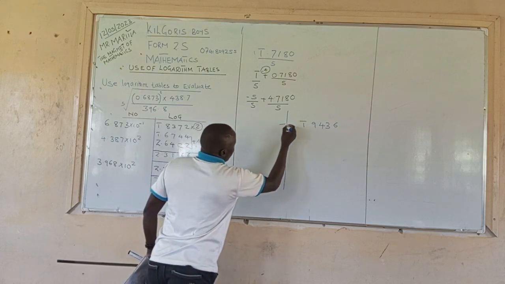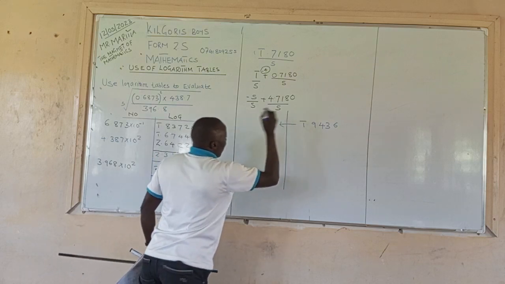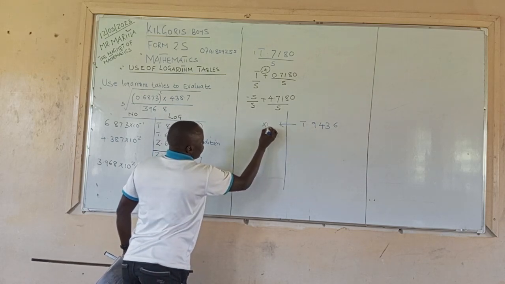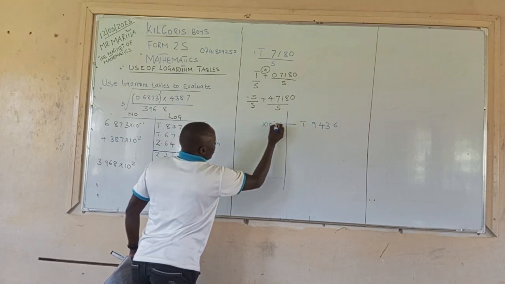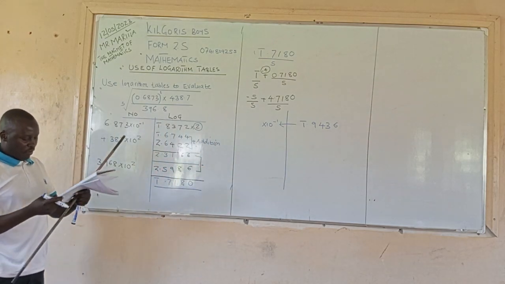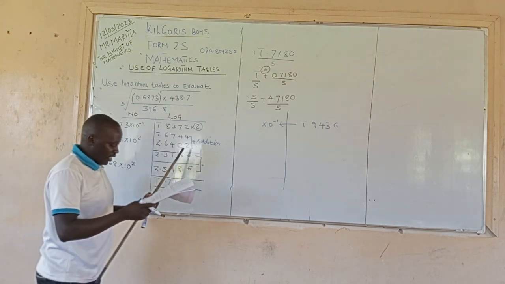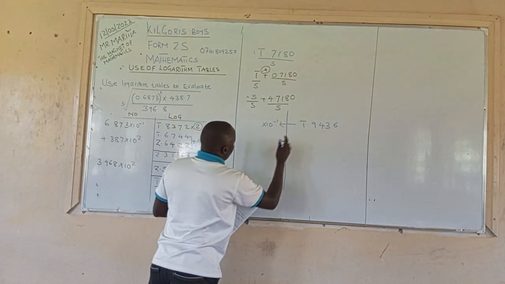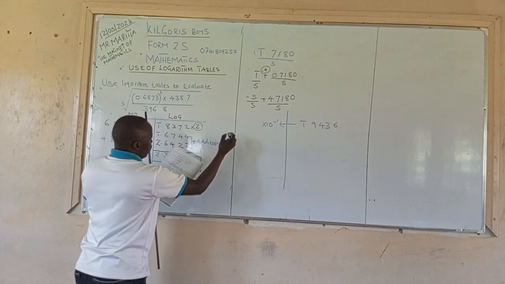Then from here, you need to carry out the antilog. So we have our 10, and we multiply this one by 10 raised to negative 1. And then you find the antilog of 0.9436.